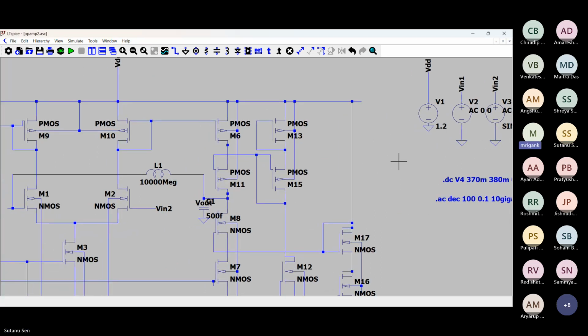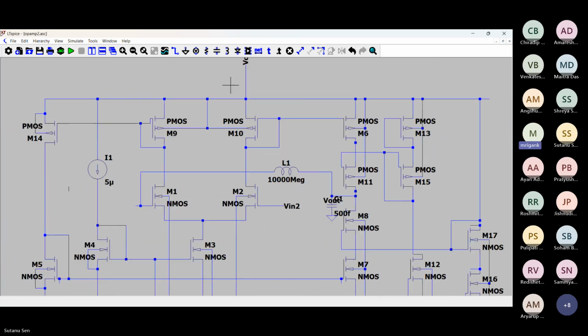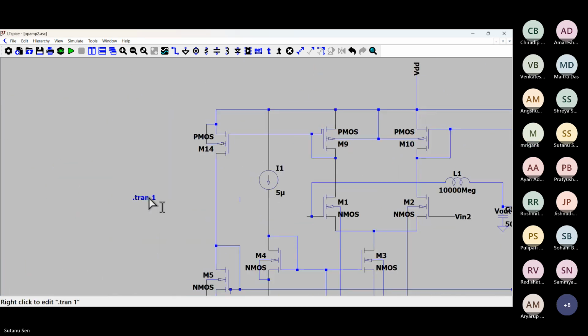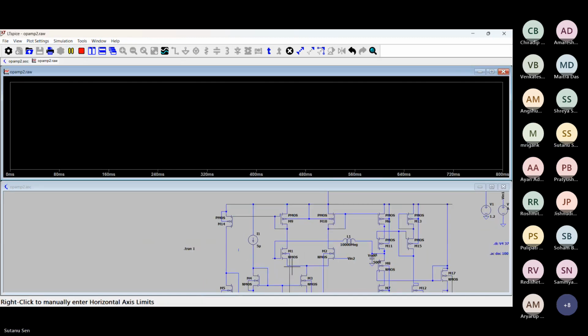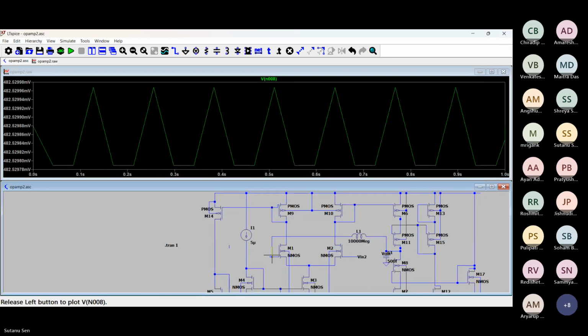And what is coming at the gate of M1? At the gate of M1, we have around 482 millivolts. Same thing as whatever you were getting earlier. Yes, sir.